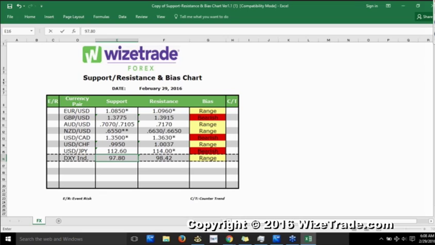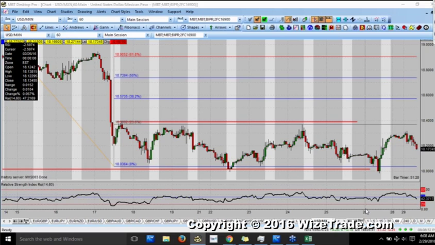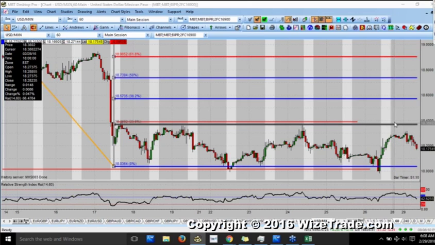All right, let's take a look at the peso. Here's the peso, and it's the same that we've been writing down, 18.38. 18.36 is the 24% retracement, but I'm just going to write 18.38 now.